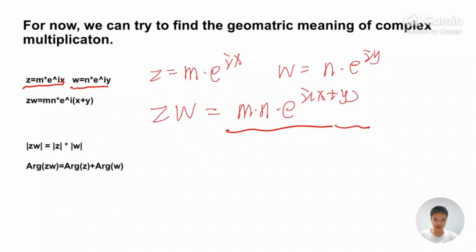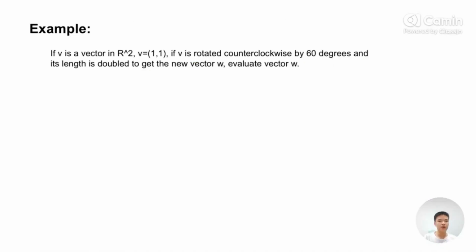So what does it mean geometrically? As you can see, here are two properties. If v is a vector in R2, v equals (1, 1). If v is rotated counterclockwise by 60 degrees, and its length is doubled to get the new vector w. Evaluate vector w.